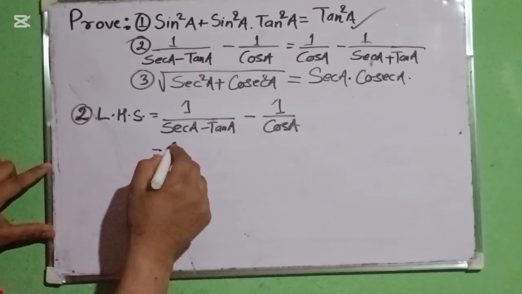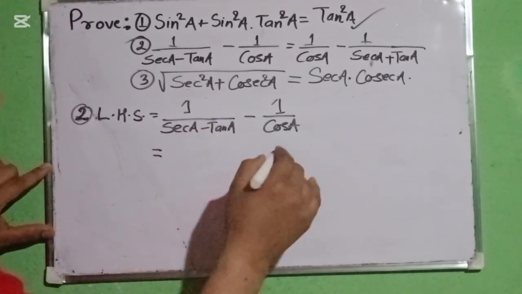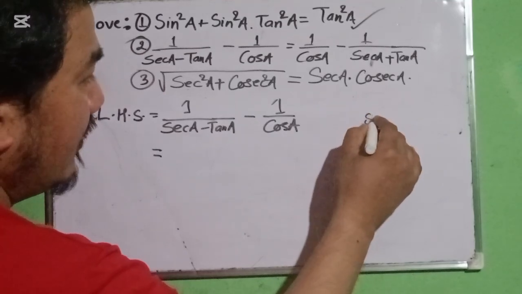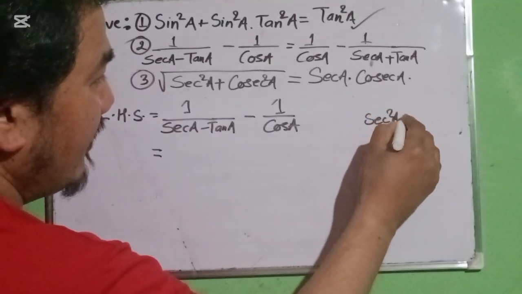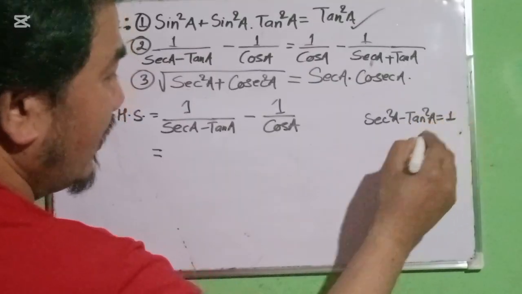As we know, from the Pythagoras formula, sec square A minus tan square A equals 1.